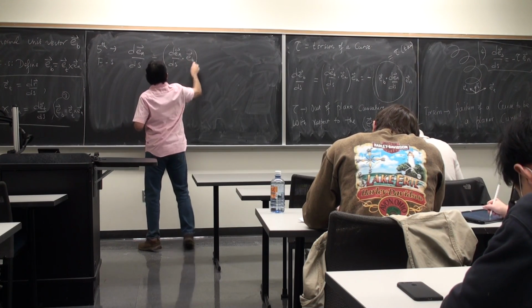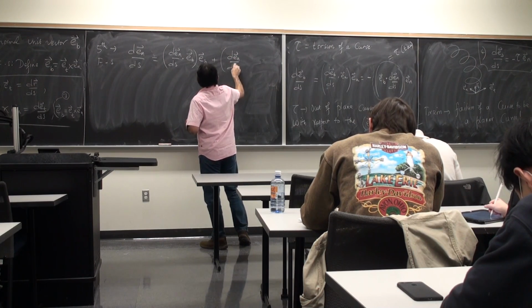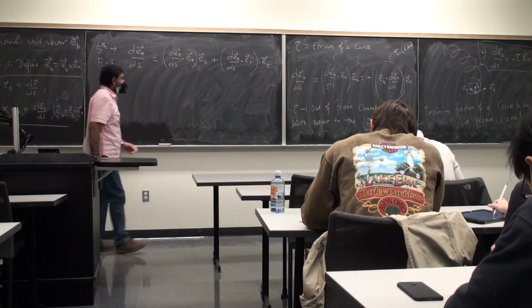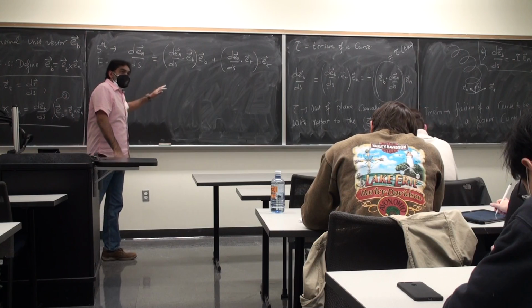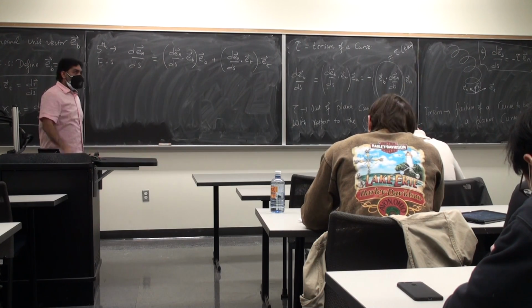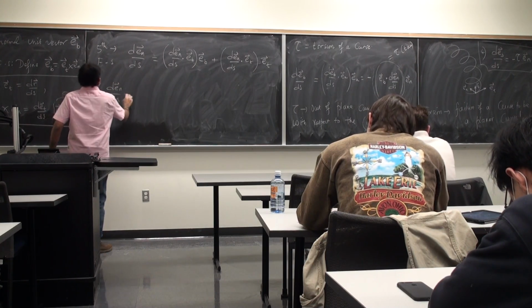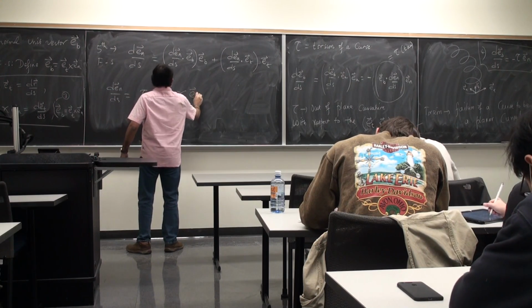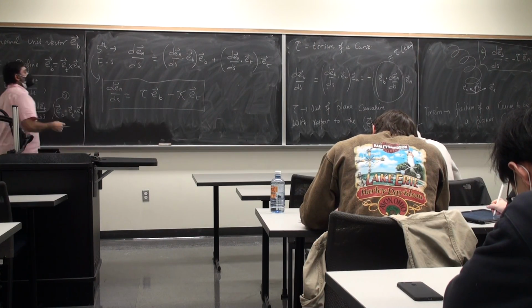Dot with EB, dEn by ds dot with EB. I'll prove this in my lecture notes that I'll post, but we are out of time. We have 2 minutes left. So this is tau EB minus kappa ET. This is the fifth Frenet-Serret formula.